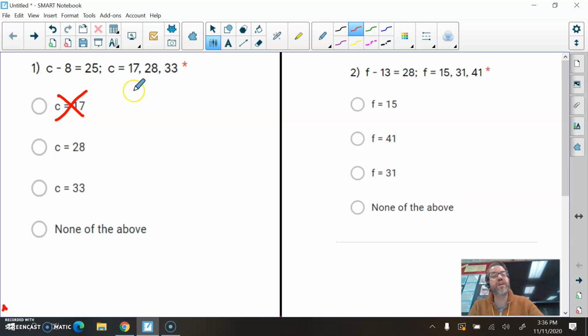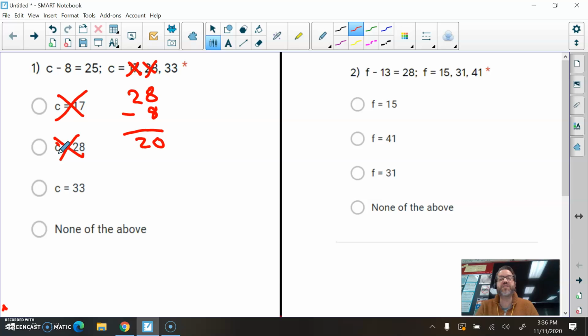Let's test 28. If you substitute 28 in, 28 minus 8 is exactly 20. We want it to equal 25. So 17 didn't work, 28 doesn't work. Our last option is 33. If it does not work, our answer will be none of the above.